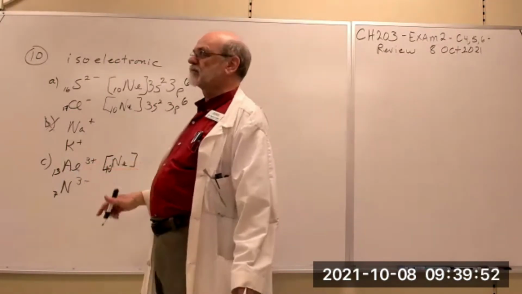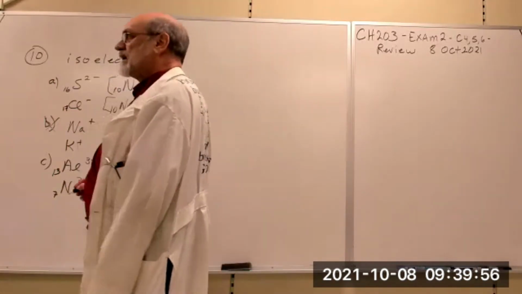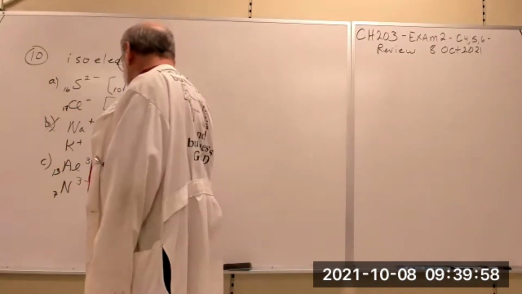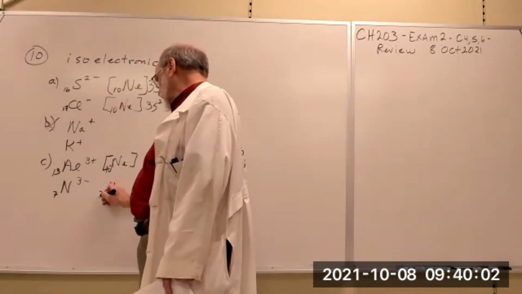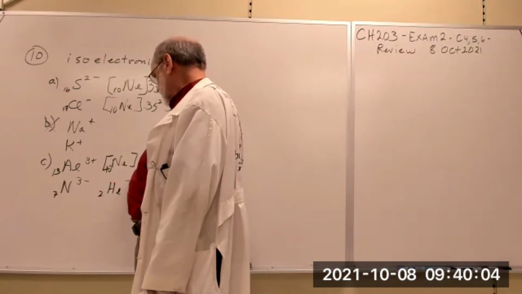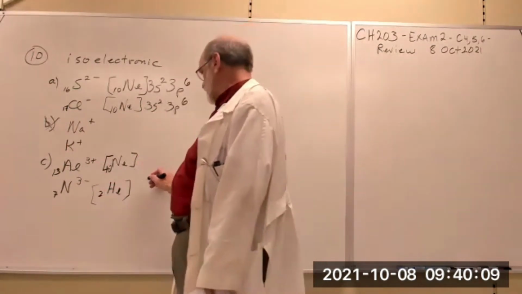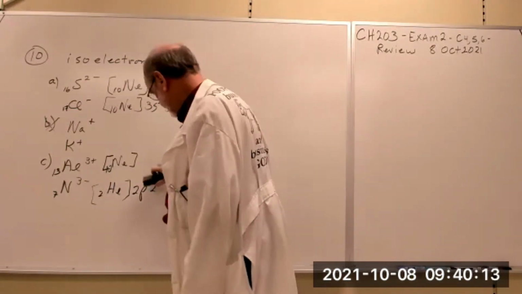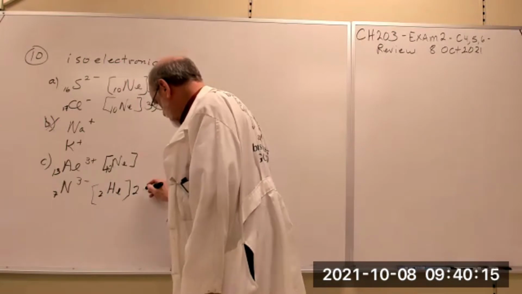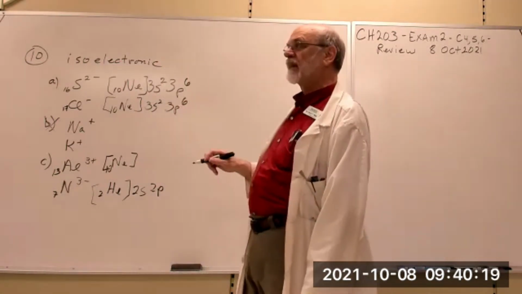How about nitrogen? Well, it's in the second period, so its base would be helium, right? So we've got helium, and now we're down to 2s and 2p.